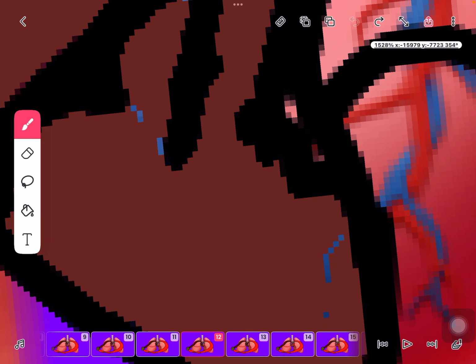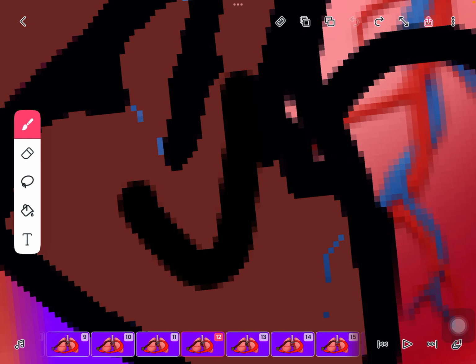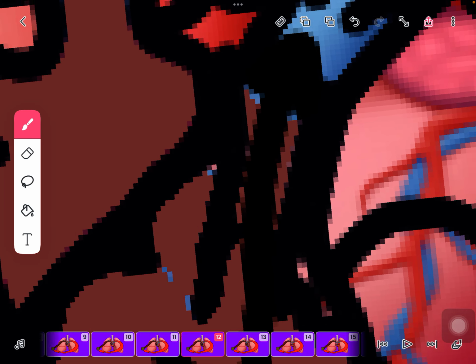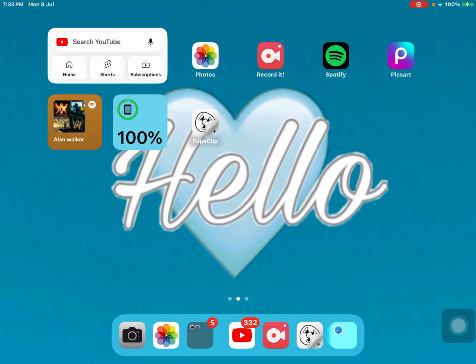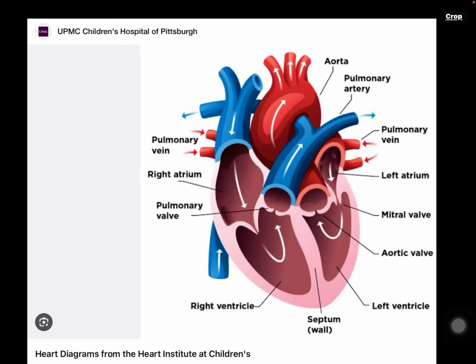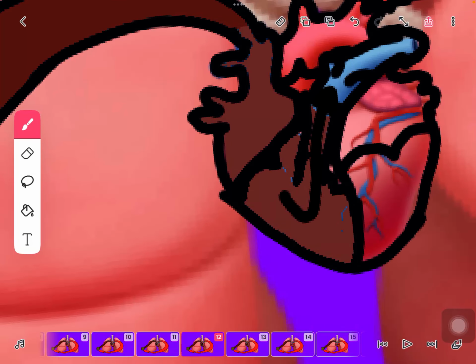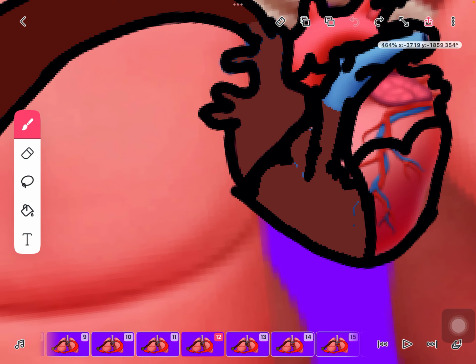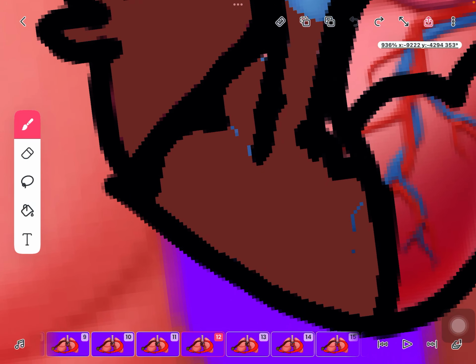The right atrium is a place for blood to go to the pulmonary vein. Is it pulmonary vein or pulmonary artery? So now the blood has entered the right ventricle.